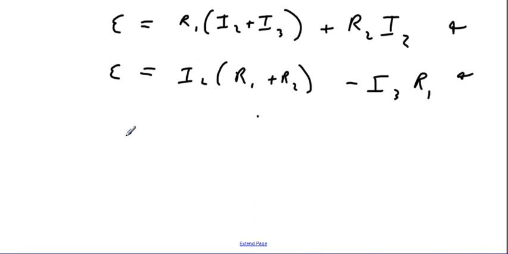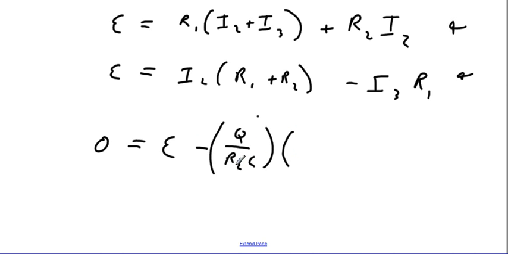Now we're going to rewrite them, and we're going to say that 0 is equal to my electromotive force minus Q over R2C, because that's what I2 is, times (R1 plus R2), minus I3R1.